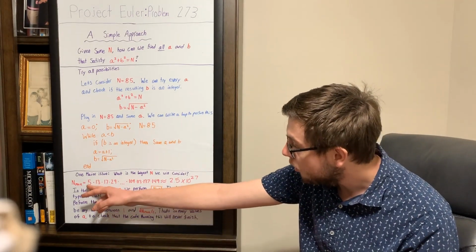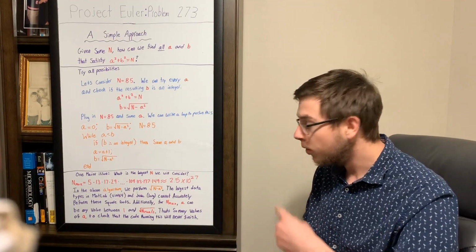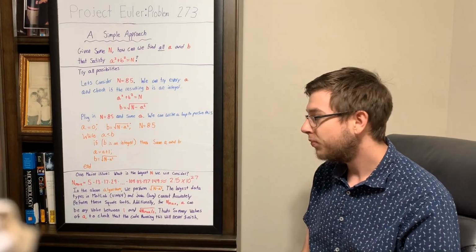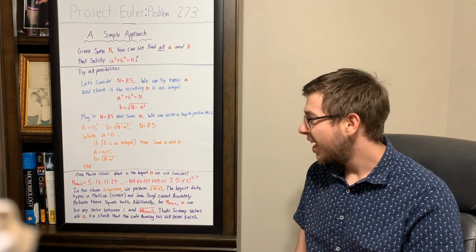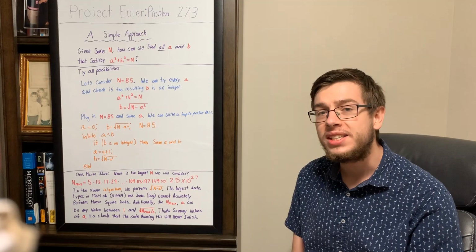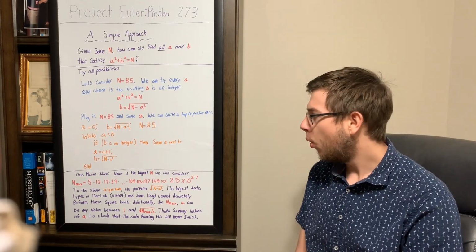So n max would be this product, 5 times 13 times 17, all the way up through all the primes up until 149. And that product is roughly 2.5 times 10 to the 27, something like some sextillion or even larger.